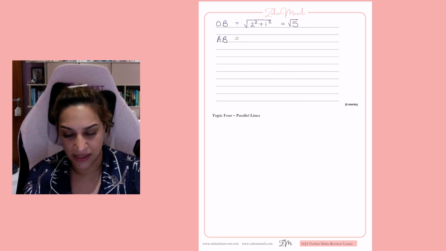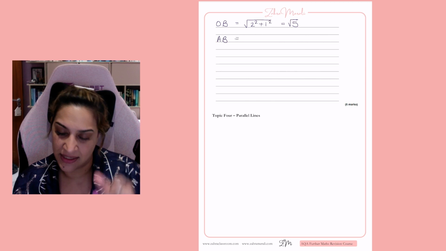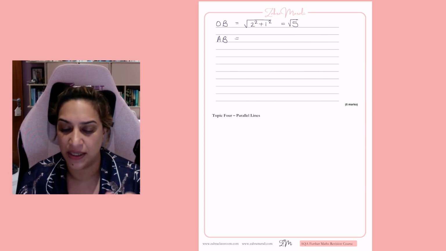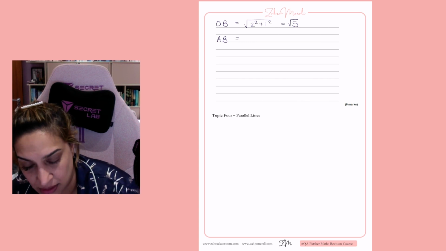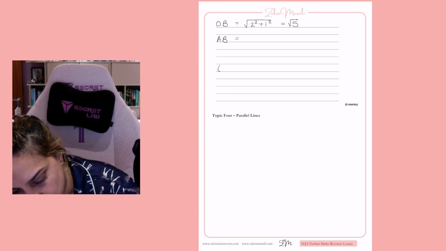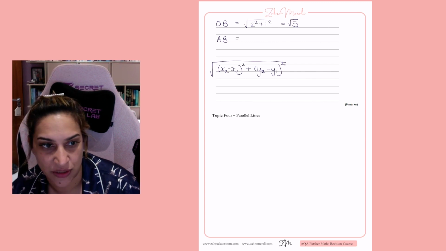A to B is going to be your change in the x's squared plus the change in y's squared. So let's think about a generalized difference between 2 points. It's always going to be x2 minus x1 squared, plus y2 minus y1 squared, and the whole thing square rooted.